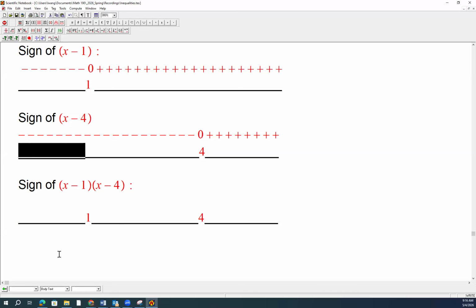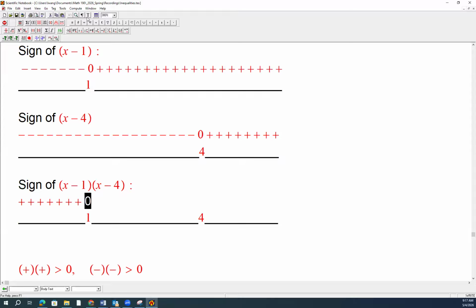So negative times negative is positive. So here, I'm going to get a bunch of positive up to 1. At 1, it's 0, right? If I plug in 1 to this product, that's going to be 0. 0 times anything is 0.